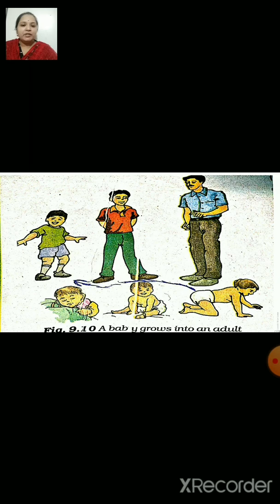Can you see the picture? In this picture, we can see the various stages how a small baby grows into a man. And after that, see, after becoming an adult, a person becomes old and they die.